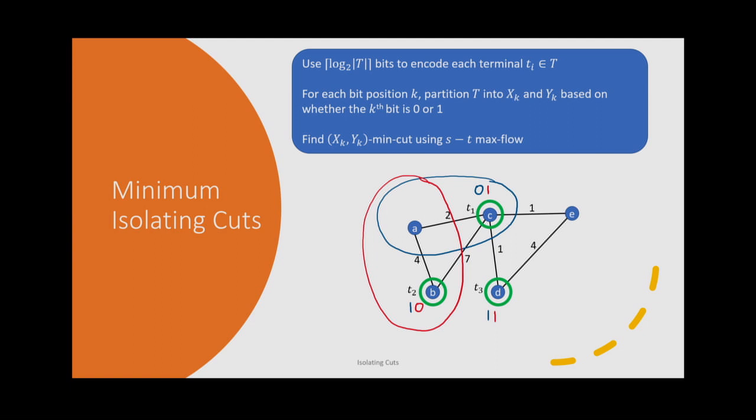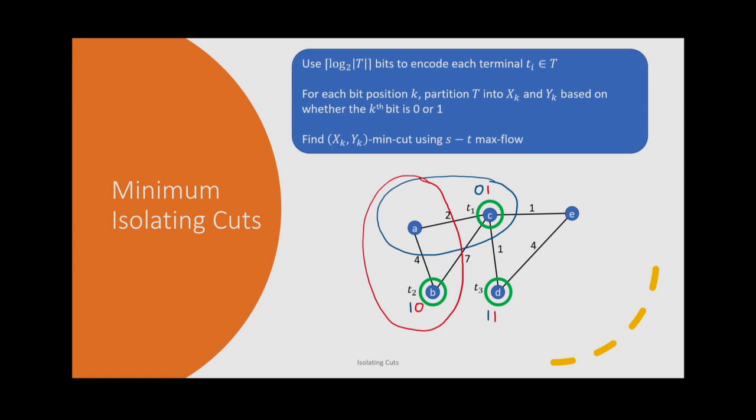Similarly, if I look at the second bit position, the bipartition puts B on one side, it has value 0, C and D on the other side, they have value 1. So I create these bipartitions of the terminals. Let me call these bipartitions xk and yk, okay, for the kth bit position.